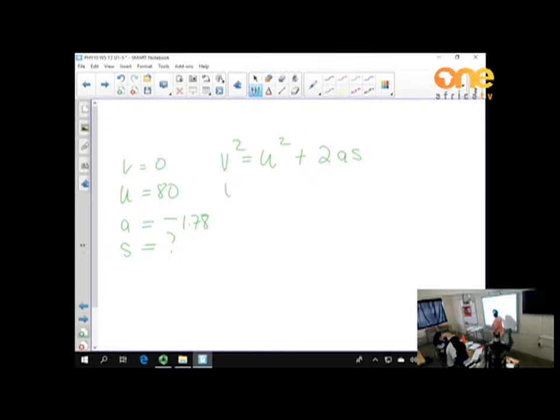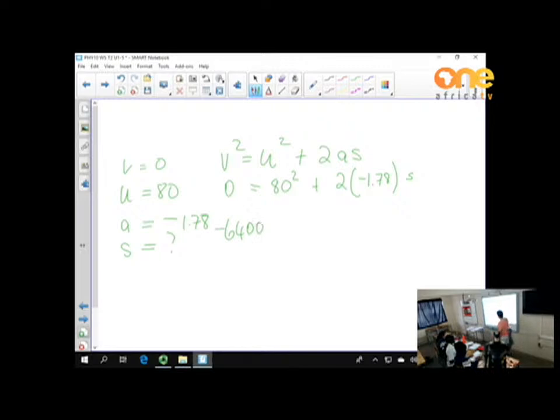So we will have 0 is equal to 80 squared plus 2A, and what is S? 2A minus 1.78 times S. All right? So now, what's it, 6400? So I'm taking this one across the equal to sign. So 80 times 80 is, 8 times 8 is 64, no? So 6400, but minus.